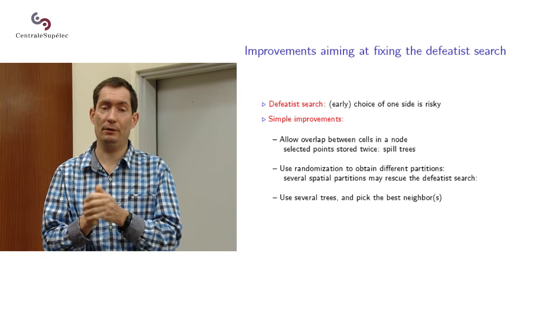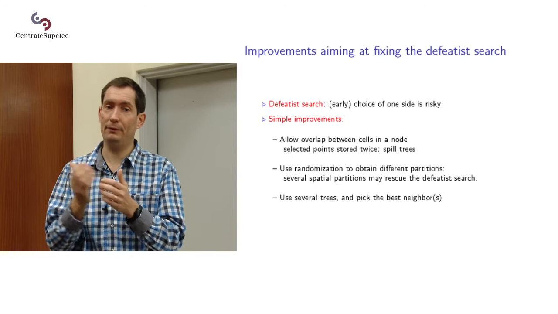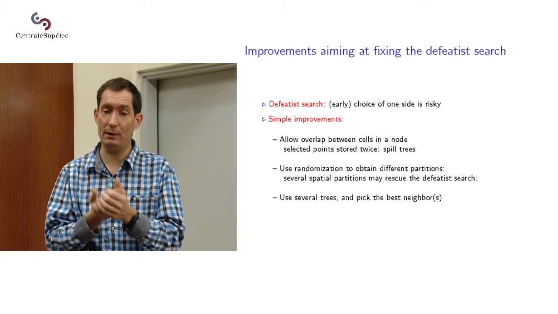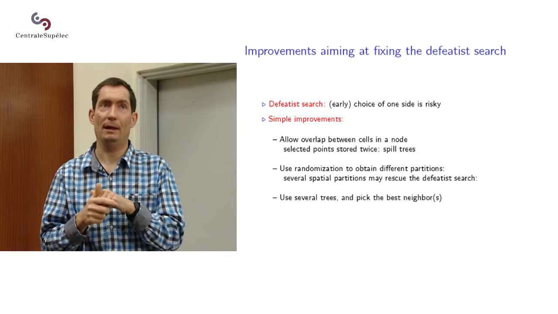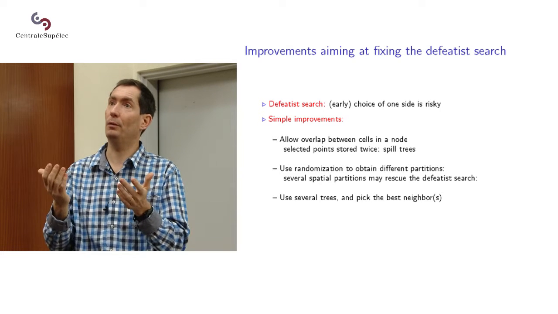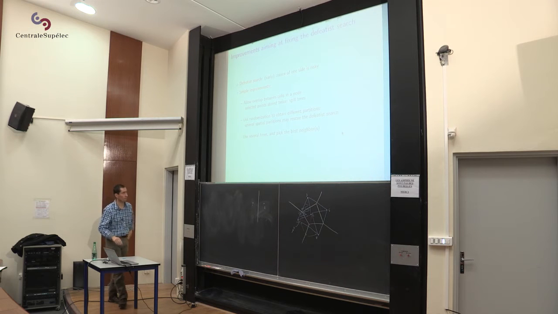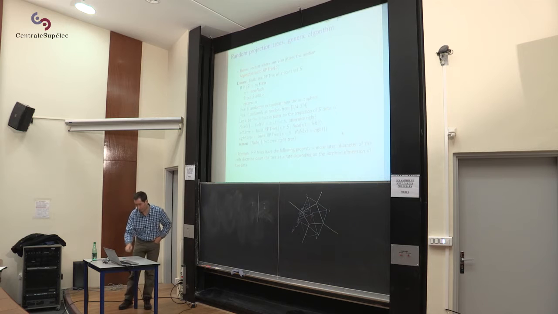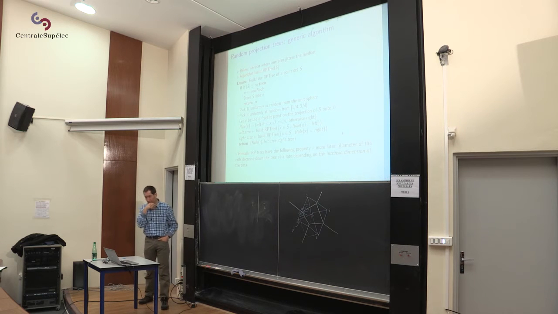But in fact, in general, the answer is going to be no. So you may have different solutions upon querying two different trees, except that this is going to happen with a small probability.